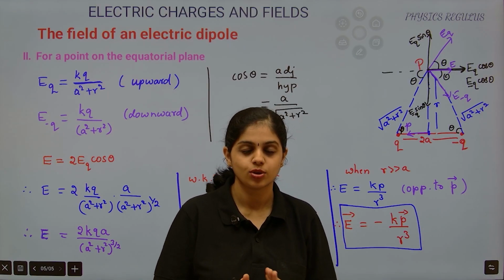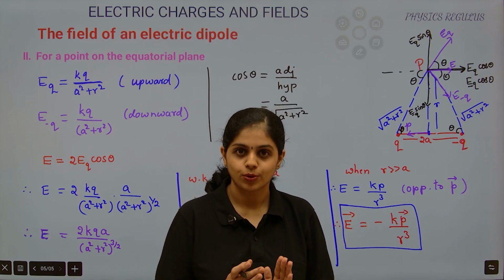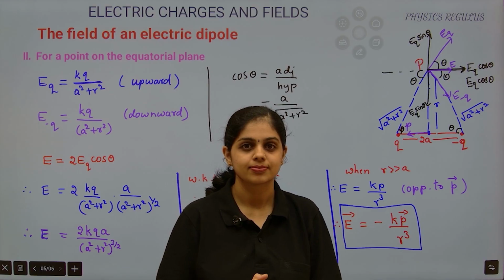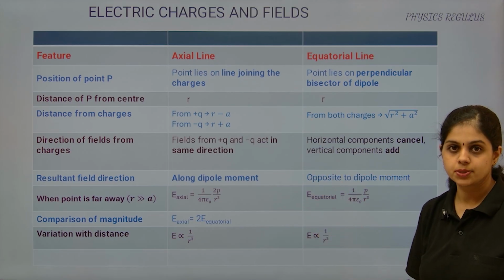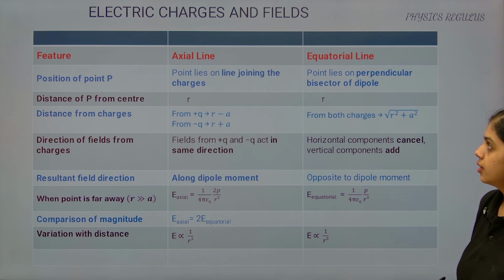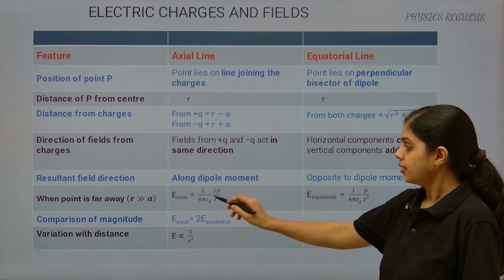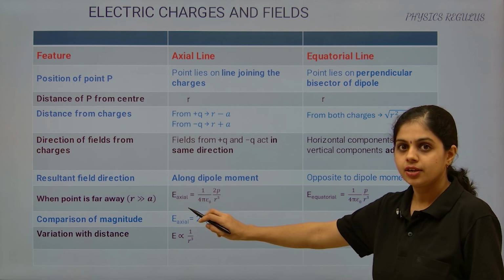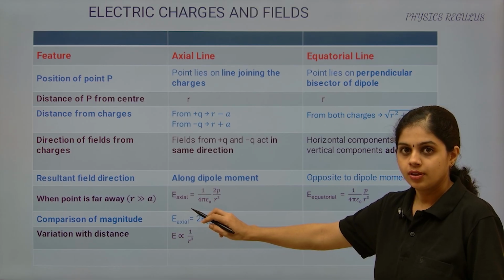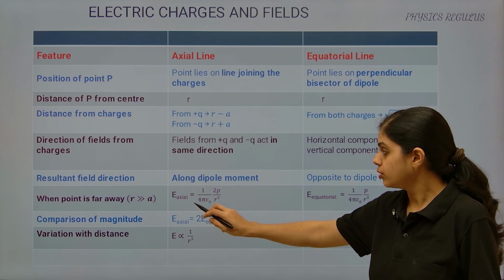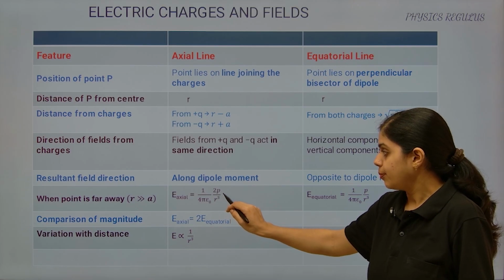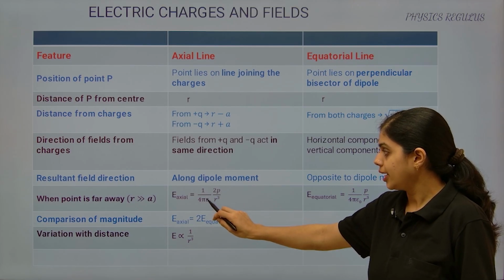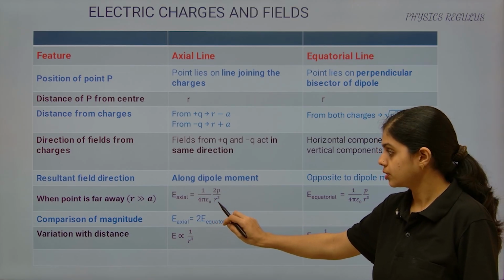Even though net charge of the dipole is 0, it produces electric field. This is the summary of what I have explained already. Electric field due to dipole at a point P on the axis of the dipole is given by 2kp by r cube, where k is 1 by 4 pi epsilon naught.